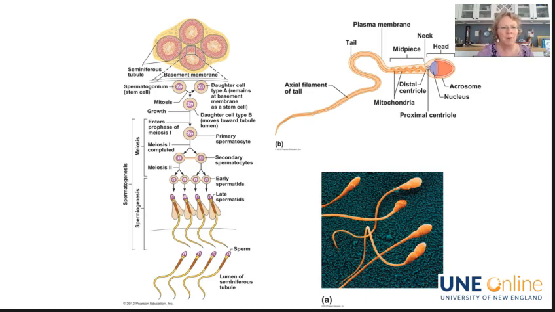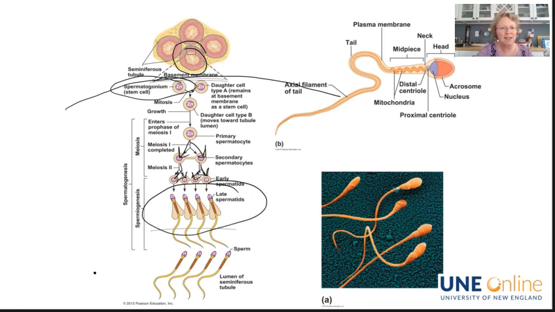This diagram kind of outlines that. If we're looking at one of the seminiferous tubules, look at it from a cross section, see our spermatogonium, our stem cell here, undergoes meiosis, meiosis 1, and then meiosis 2 to form our 4 haploid cells.